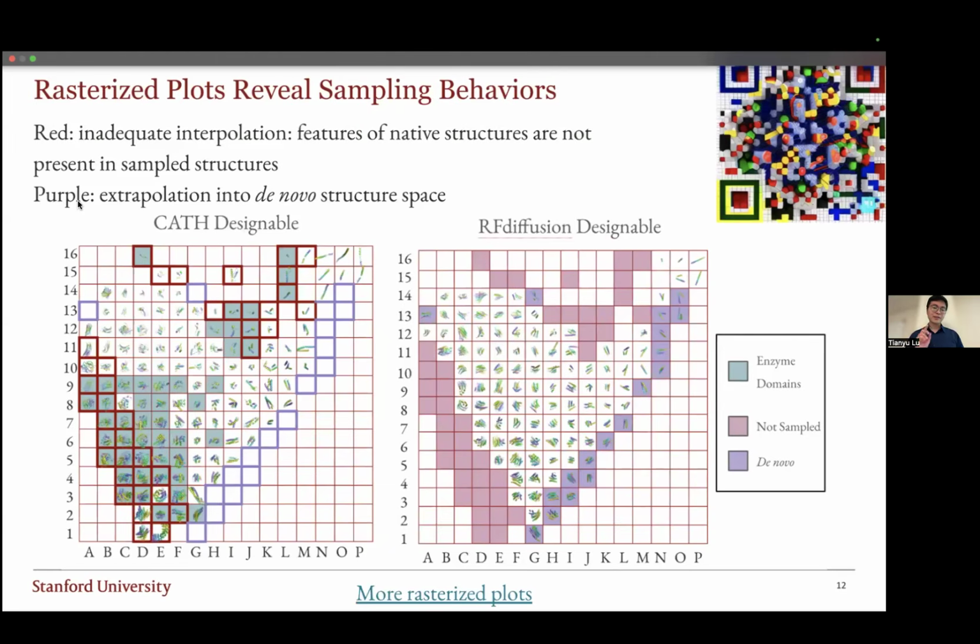Now this is the same plot, but rasterized. In this plot, you can actually scan the QR code, I think it works on the top right, if you want to look at a collection of sample structures stratified by designable and non-designable, and also ground truth structures. There are many, many plots that we made. Did it work? Oh, okay, I see.